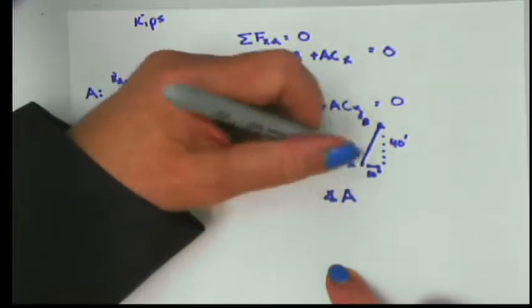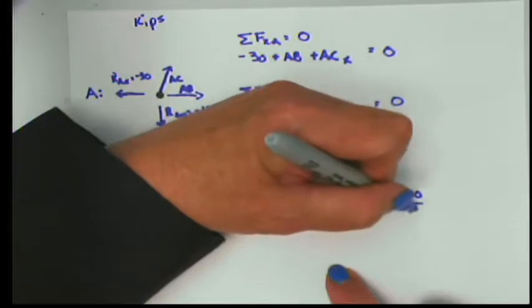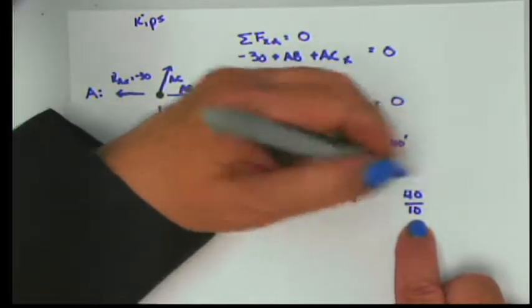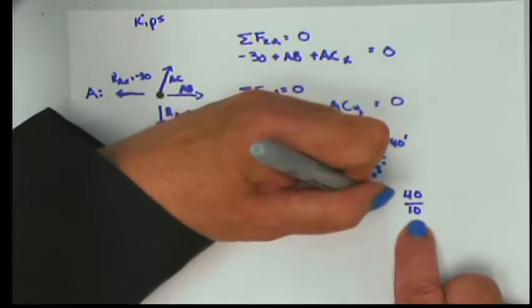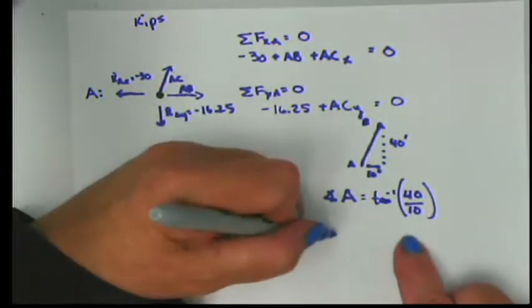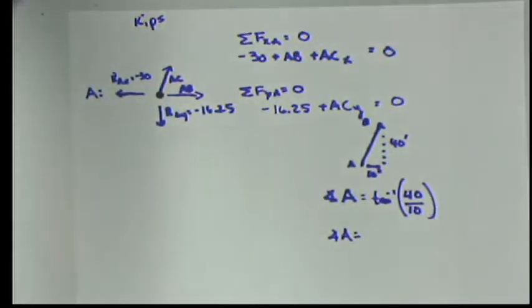So I can say that 40 over 10 feet is the tangent of A, or that A, the angle at A, is the arc tangent or inverse tangent of 40 over 10. And so the angle at A is what? Like I said, I apologize. When we started this last time, I misinterpreted the picture. But now this is the correct interpretation of the picture.